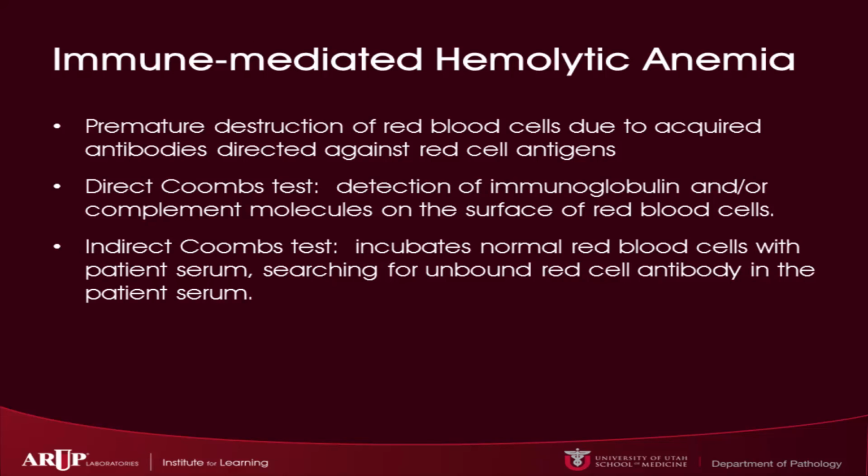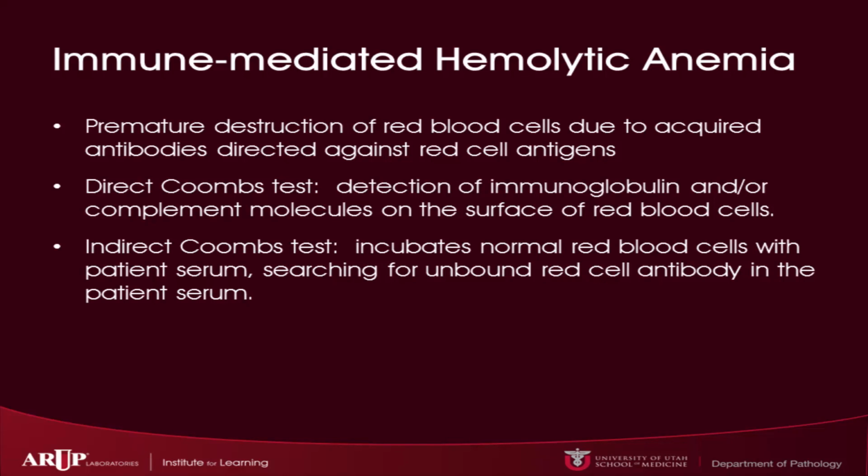There are two main tests: the direct Coombs test and the indirect Coombs test. In the direct Coombs test, we are trying to detect the antibodies which are attached to the surface of the red blood cells. In the indirect Coombs test, we're basically trying to find the antibodies in the unbound form, not really bound to the red blood cells.